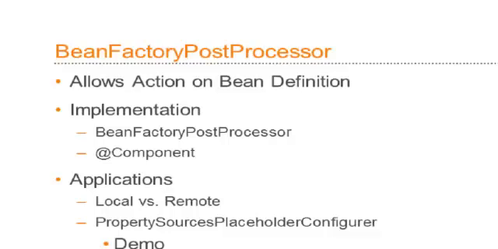When you implement a Bean factory post-processor, you're implementing the interface and marking it as a component, so it's in the Spring context. Now, there's several applications of this. One of our coolest, newest ones that we're working on, if you're in a distributed web service environment, you might have some pieces that maybe you're using OSGI and you're actually deploying some components together on the same hardware, and then some are remote across the network.